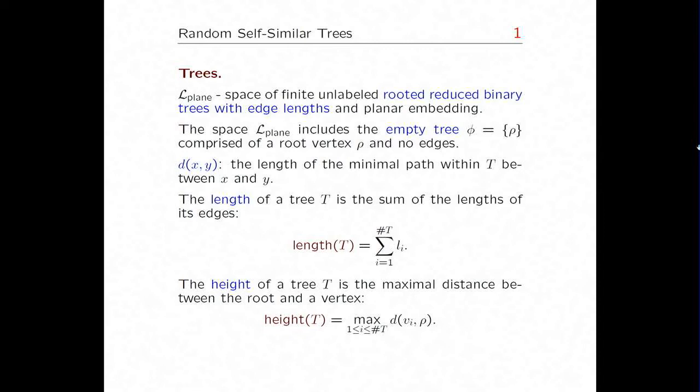I'll start with the terminology that will be used. Unfortunately, I couldn't avoid it. First of all, the space that we are dealing with, I'll denote by L plane. It's a space of finite, unlabeled, rooted, reduced binary trees with edge lengths and planar embedding. Okay, a bit long.